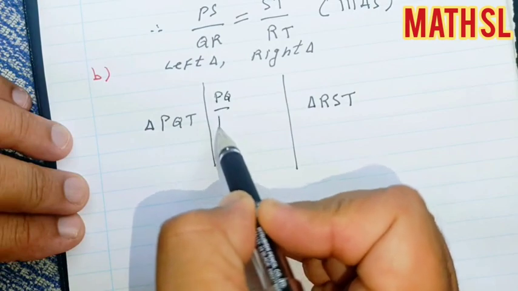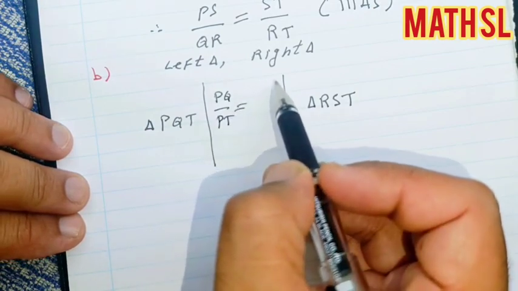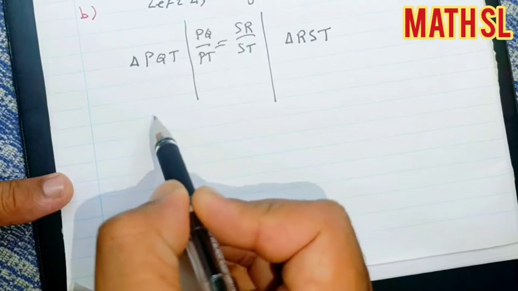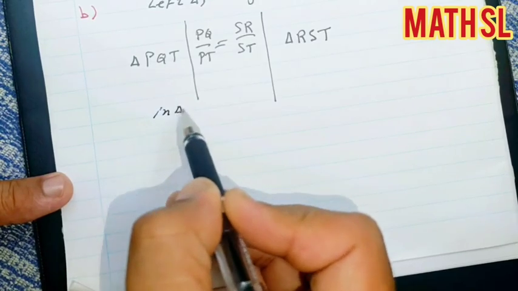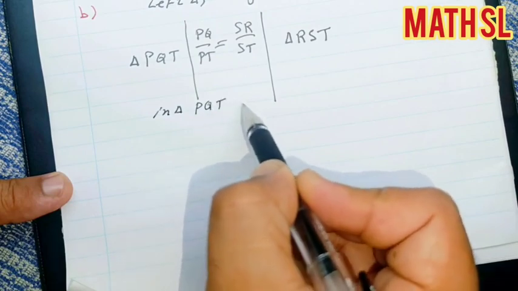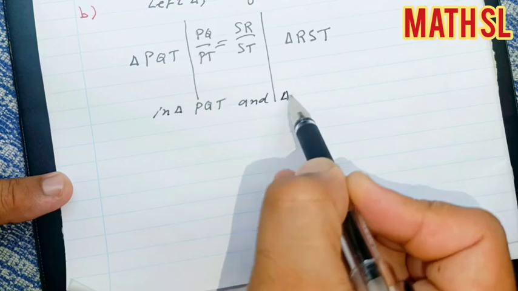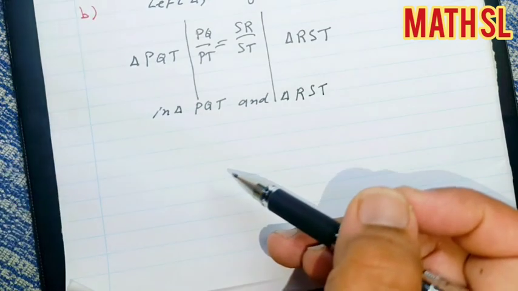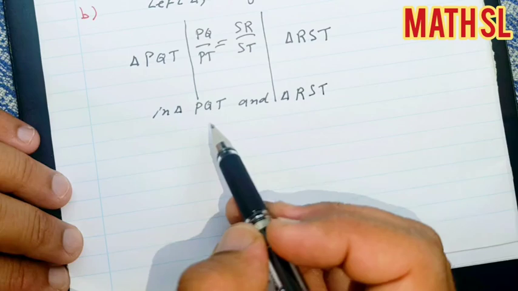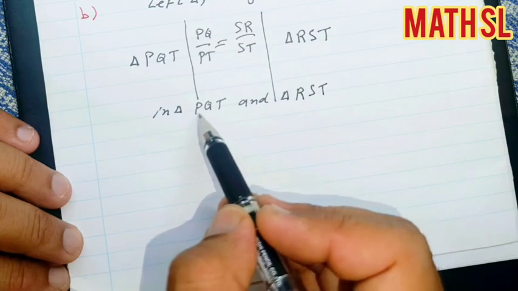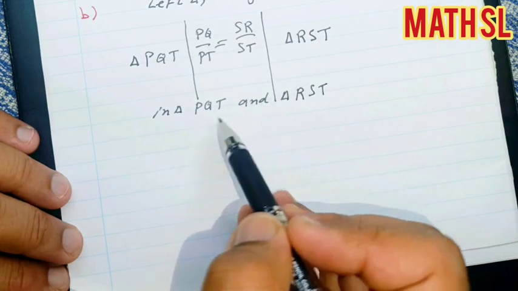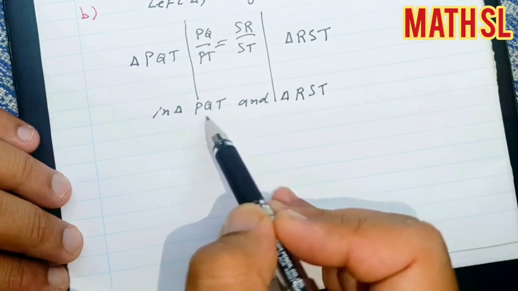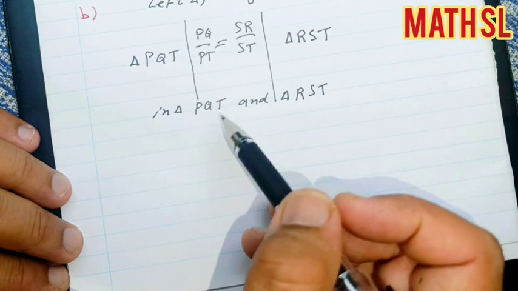PQ over PT is equal to SR over ST. In triangle PQT and triangle RST, we remember in previous videos I showed you that P goes with R, Q with S. No, this is not necessarily so, because this is according to my mind that this can be the order of the letters, but we don't know.